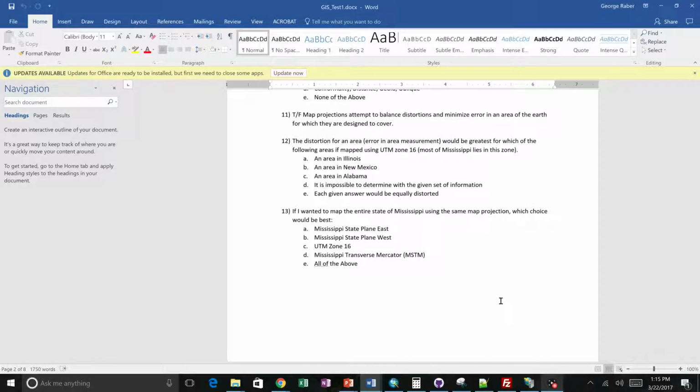And so the correct answer is B. An area in New Mexico would have the largest amount of distortion. So zone 16, and I gave this, includes most of Mississippi. In fact, it's the eastern part of Mississippi and some of Alabama.